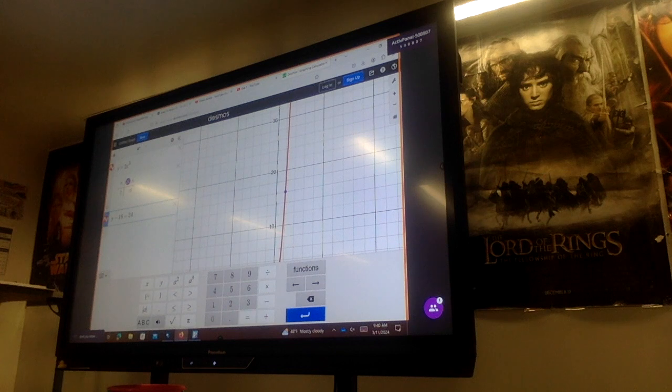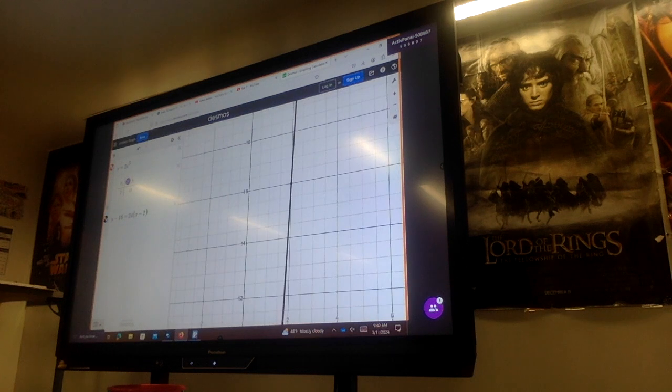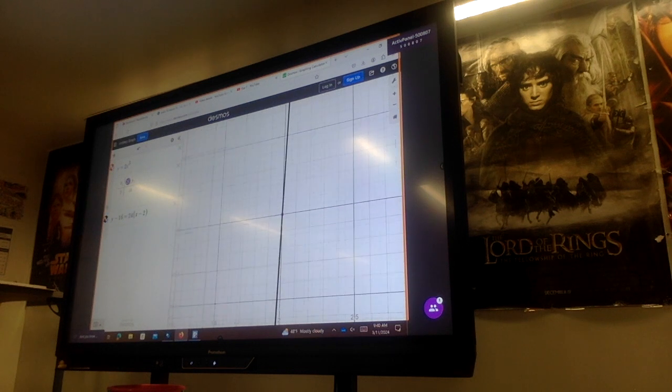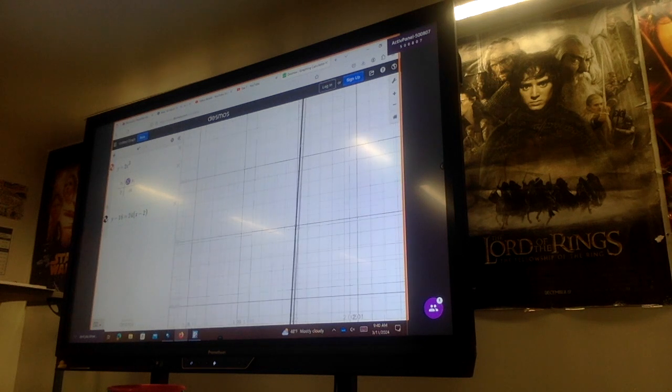And let's change our color on this to black. Alright, this black line, if I scroll in far enough, you should start seeing the red going away.